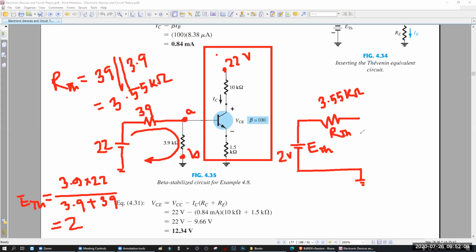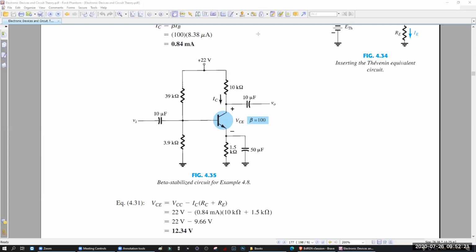Okay? Yes, sir. Okay. So what I'm going to do is erase everything. Remember, 3.55, 2 volt. I'm going to erase everything and redraw the circuit. 22.